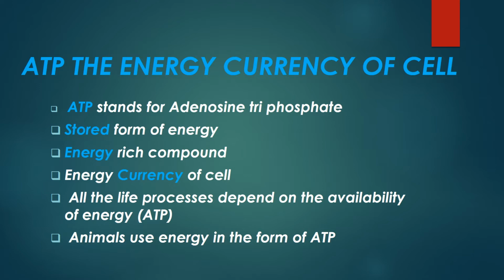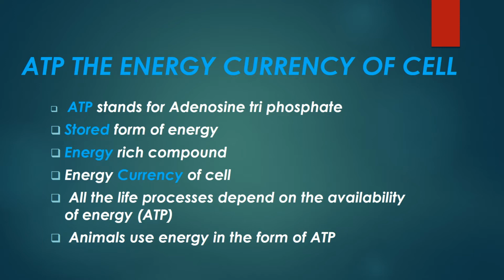also called the energy currency of the cell, as we said in the first topic, in the first title. ATP is an energy rich compound because the ability of ATP to store and release energy is because of its unique structure.